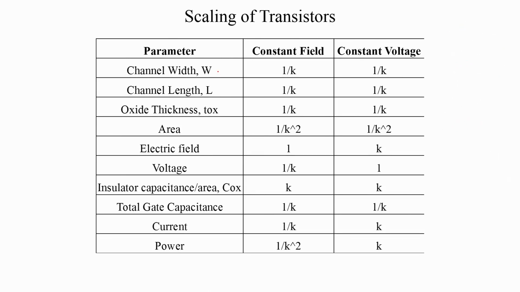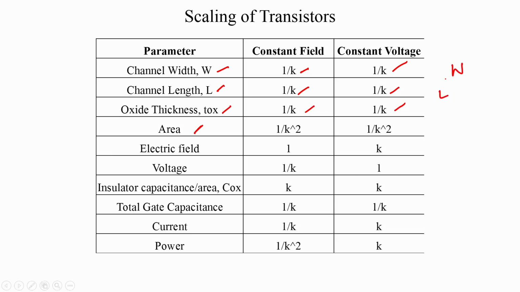Channel width of course goes down by a factor of k whether it is constant voltage or constant field. Channel length goes down by a factor of k whether it is constant voltage or constant field. Oxide thickness goes down by a factor of k whether it is constant field or constant voltage. The area is basically your W into L essentially.